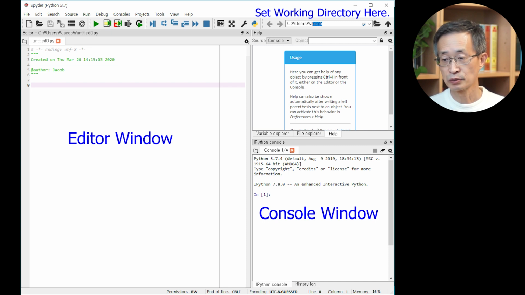And then this is the console window. You write the code here and run it either with this run icon or the run section icon, and the result comes out in this console window. You can also type Python code here.